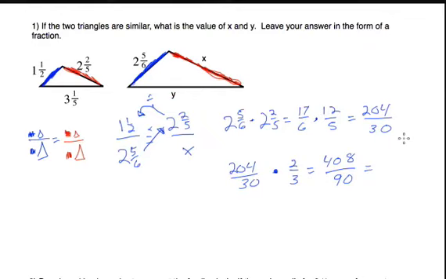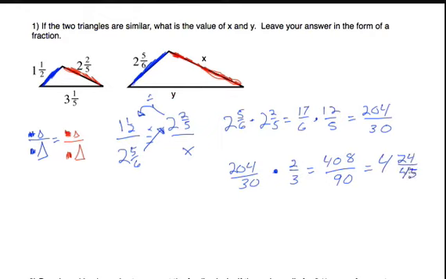Now all we do is turn that into a mixed number. 408 divided by 90 is 4. And this is going to be fun. 4 times 90 minus 408 is 48 out of 90. Divided by 2, this is 24 over 45.